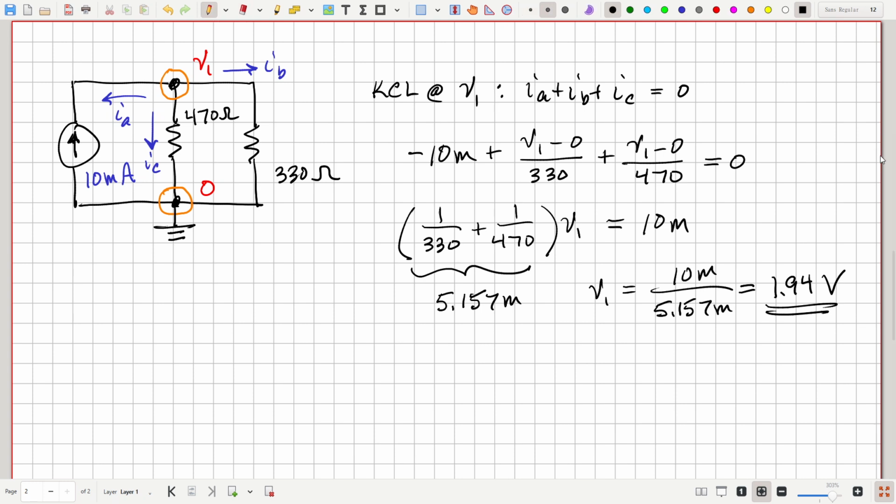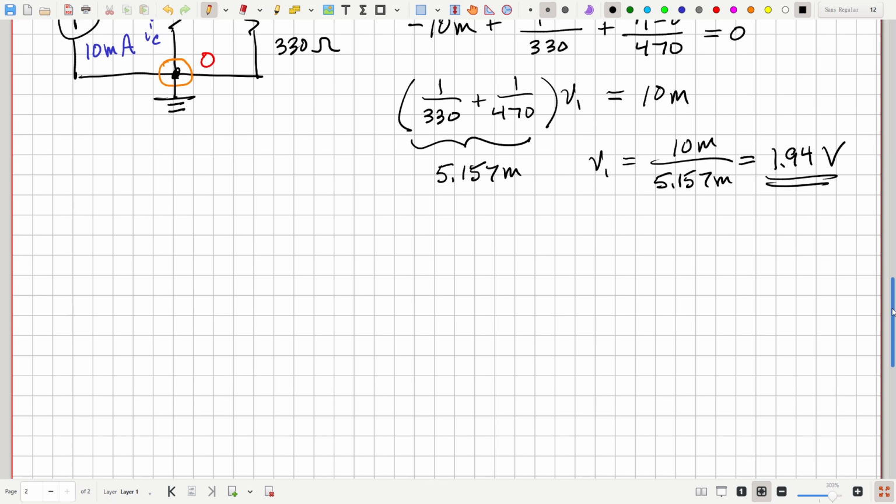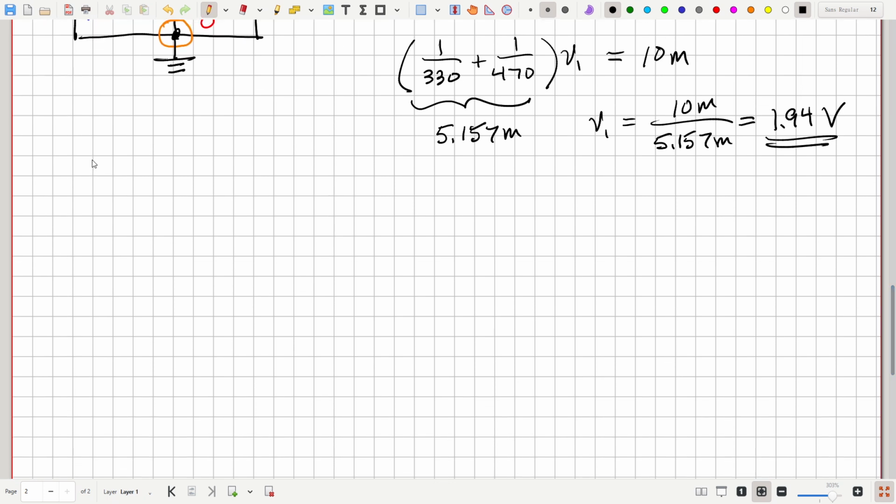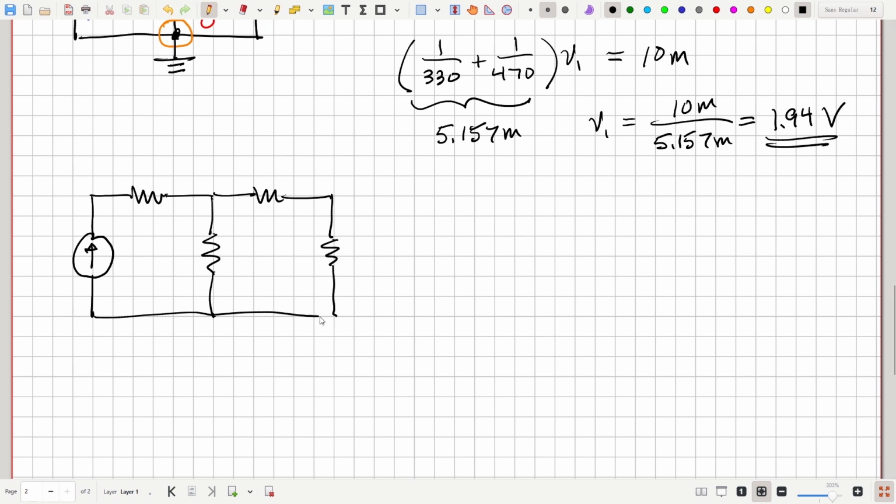Now let's look at a more complicated circuit. More complicated in that it has more essential nodes. Let's have a current source. Here we'll have a resistor. Another resistor going this way. Another resistor here, coming down there.